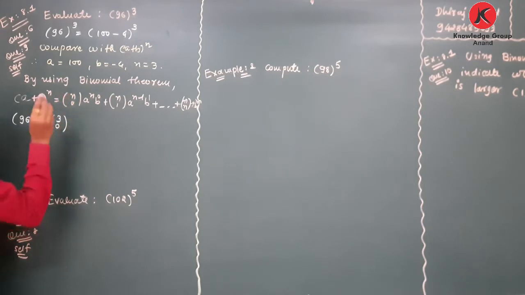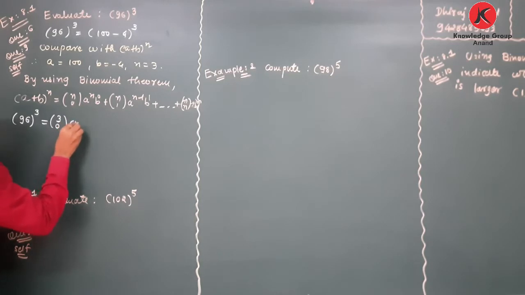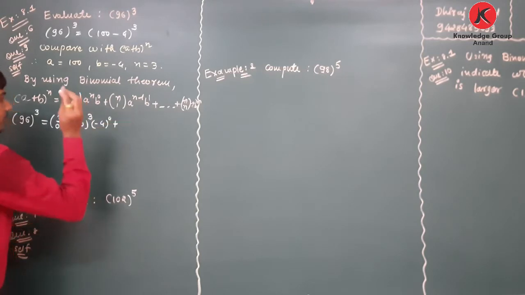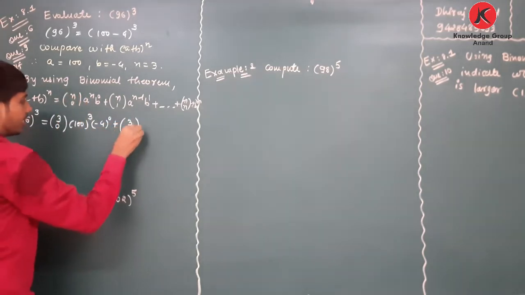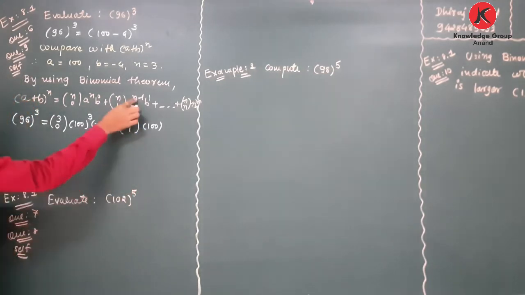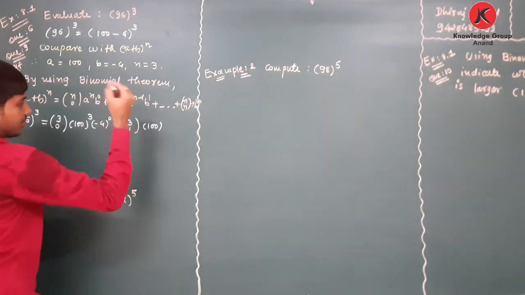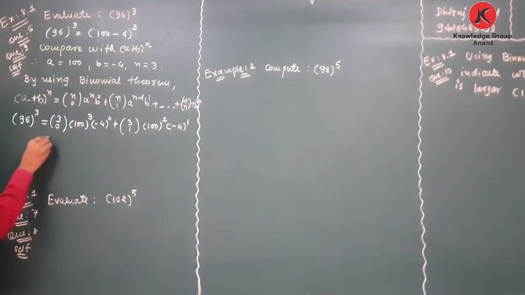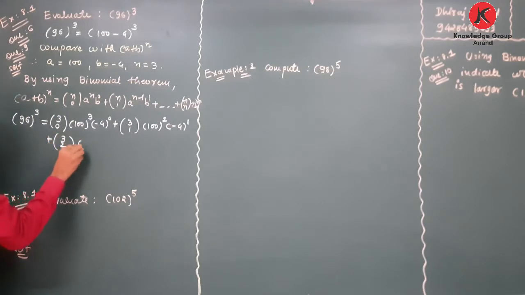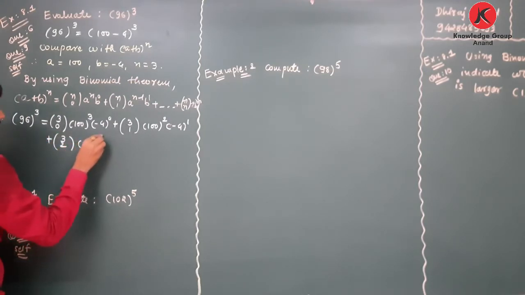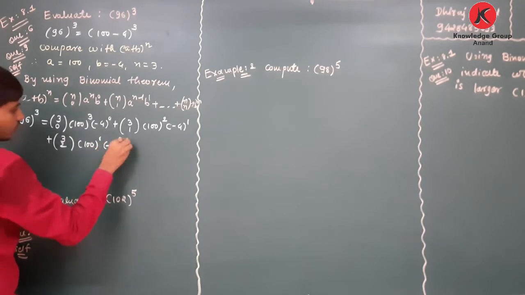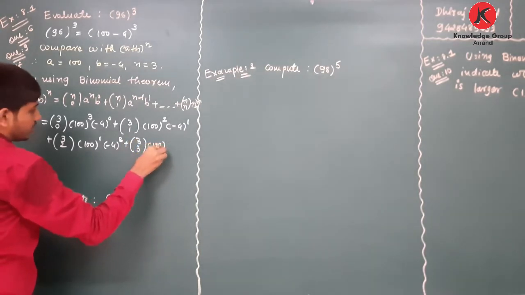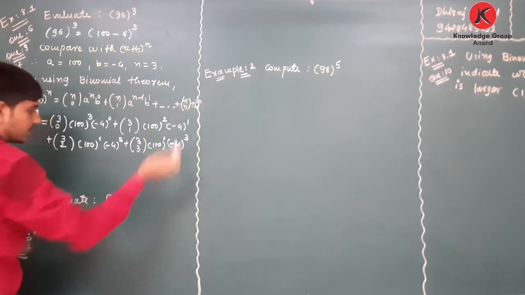Therefore we have to write 3C0, here a equals 100 raised to 3, b is minus 4 raised to 0, plus 3C1 100 raised to 3 minus 1, which will be 2, into minus 4 raised to 1, plus 3C2 100 raised to 1 and minus 4 raised to 2, plus 3C3 100 raised to 0 and minus 4 raised to 3.